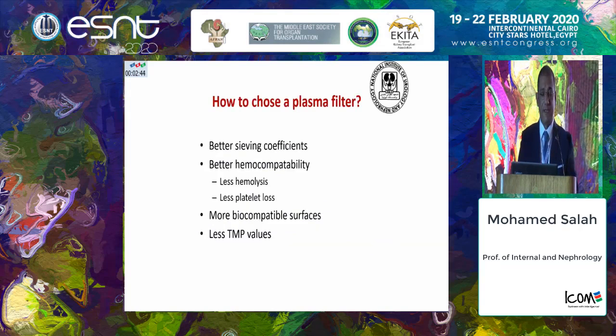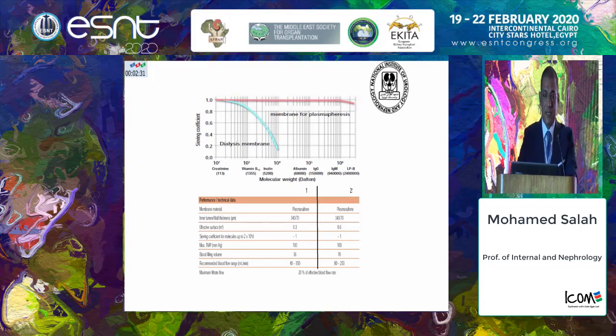How to choose a plasma filter? It has to have a better sieving coefficient, better hemocompatibility with less hemolysis, less platelet loss, more biocompatible surfaces, and lower TMP values. You can see that the sieving coefficient in membrane plasma filters is much, much higher than that for dialysis, for all the components, even the bigger components like IgG, IgM, albumin, etc. The surface area of the membrane does not really give big differences in clearance.